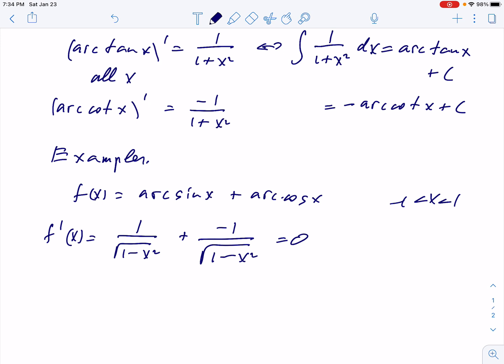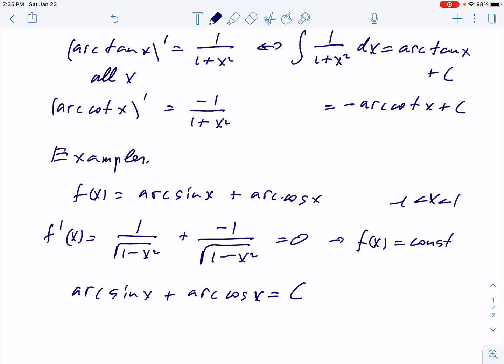We know from Calc 1 that if a function has derivative 0 over some interval, the function is constant. So f(x) equals constant. Let's write this here explicitly. Arc sine x plus arc cosine x equals c, when x is between -1 and 1.